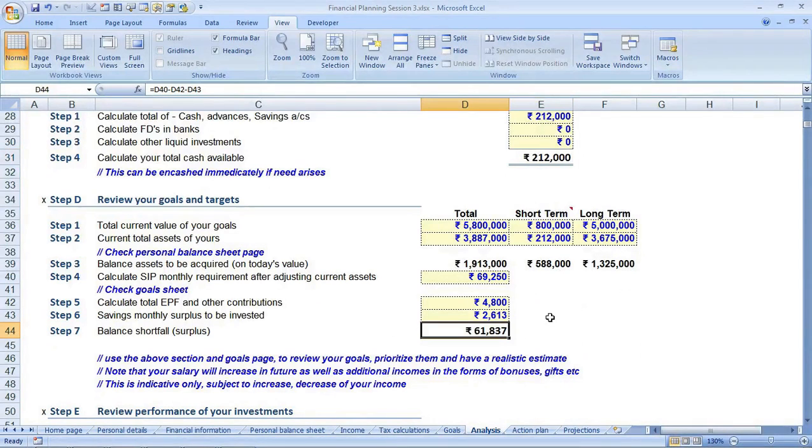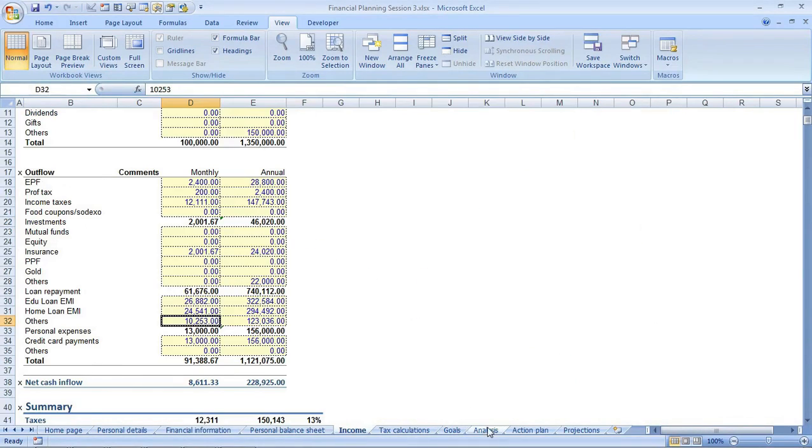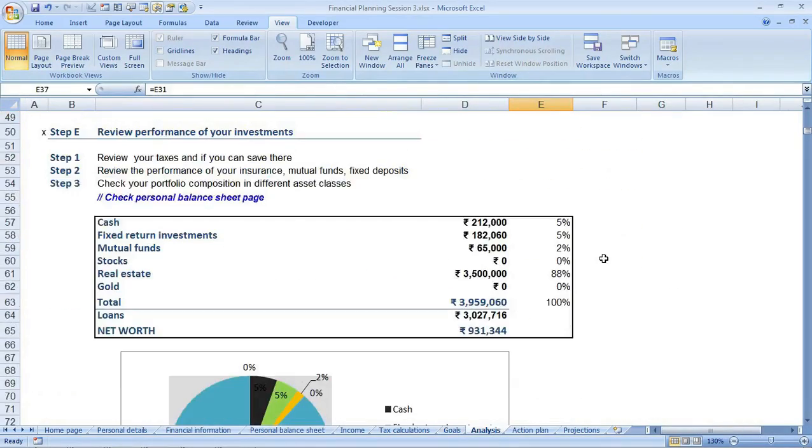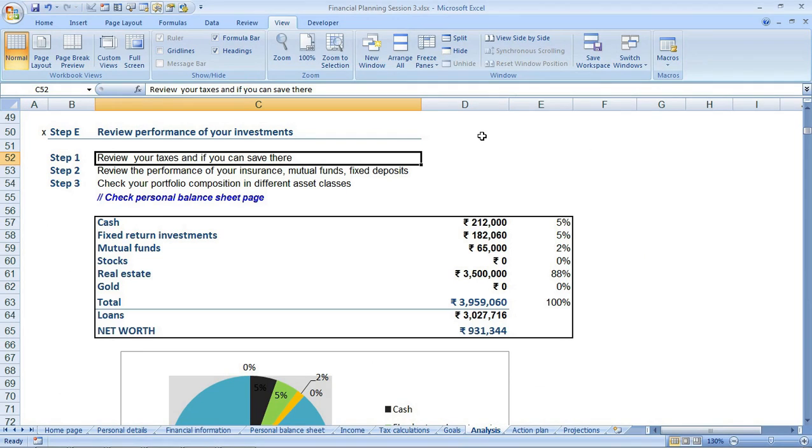And step D, along with the goals and the personal balance sheet and income, combined together, we would find out that the 2 lakh cash which he has, he can use to close off a personal loan, to release 10,000 rupees which he can invest for the longer term goal of retirement. And step E, review your taxes.